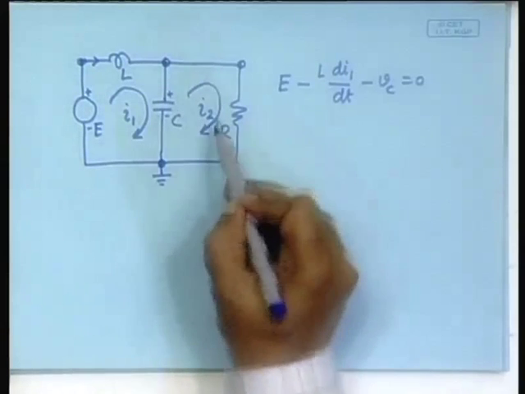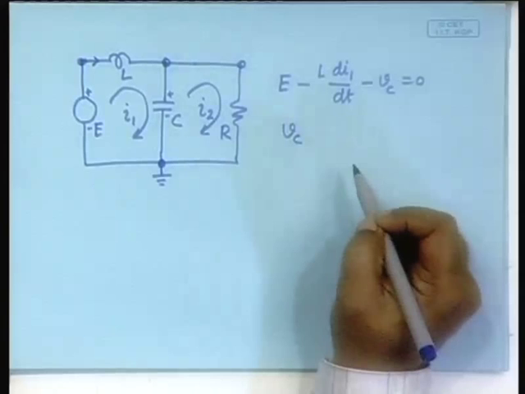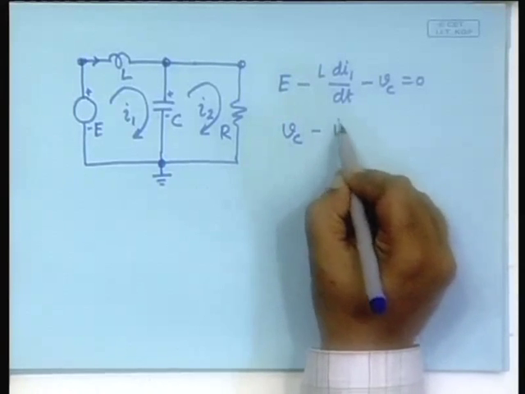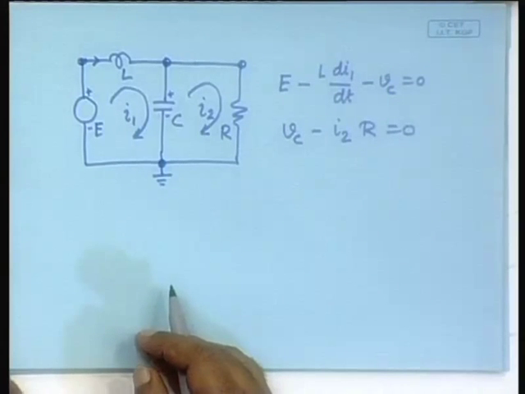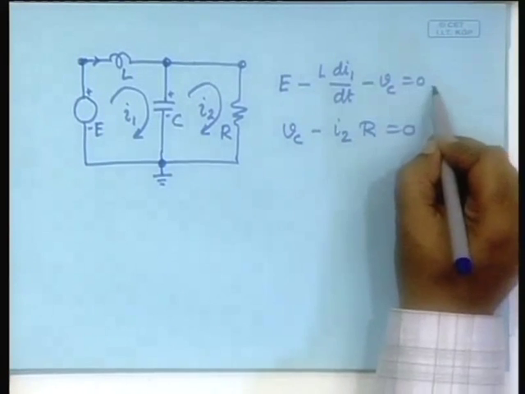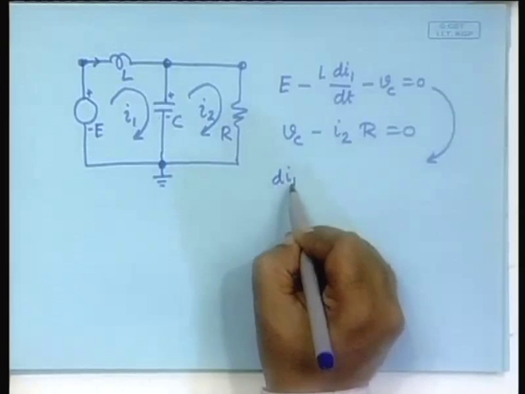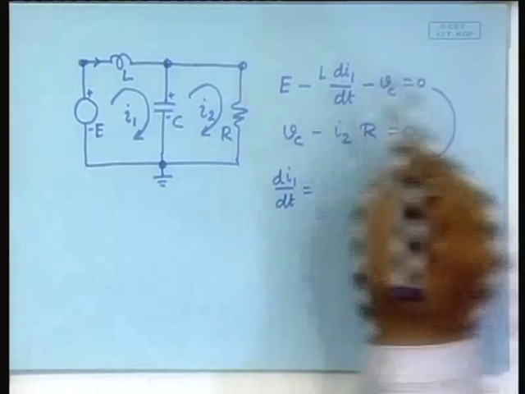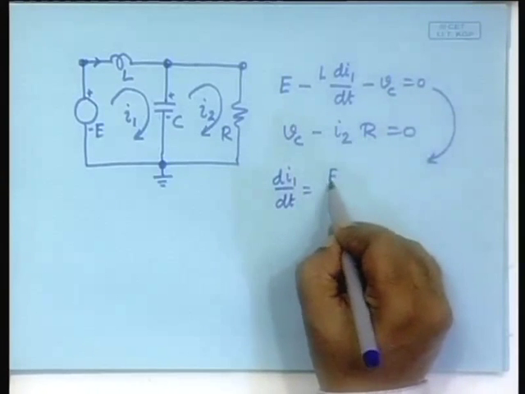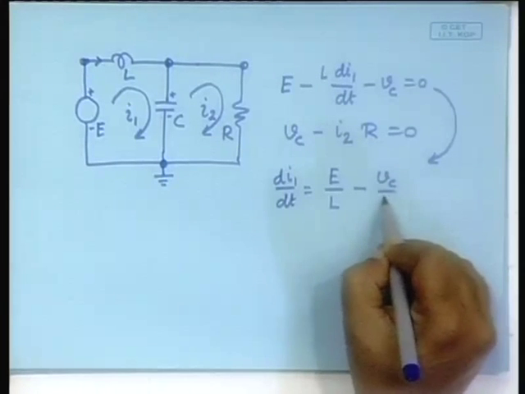And the second equation gives Vc minus I2 R equal to 0, right. The first equation immediately gives the differential equation dI1/dt is equal to, taking it to the other side, E by L minus, right.